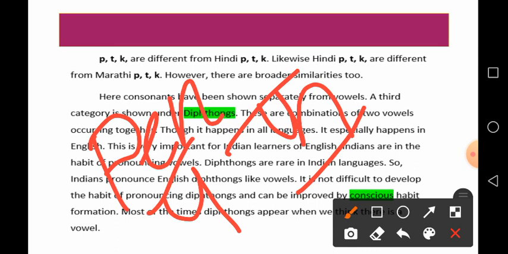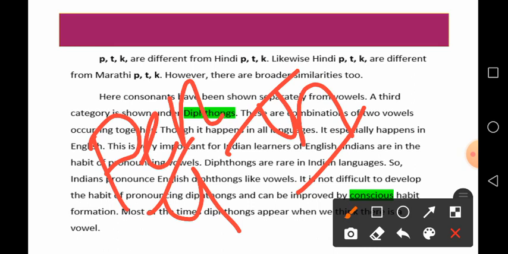Indian speakers pronounce this word pen differently. But Britishers or Americans pronounce this alphabet p with its own sound, and they pronounce the word pine.